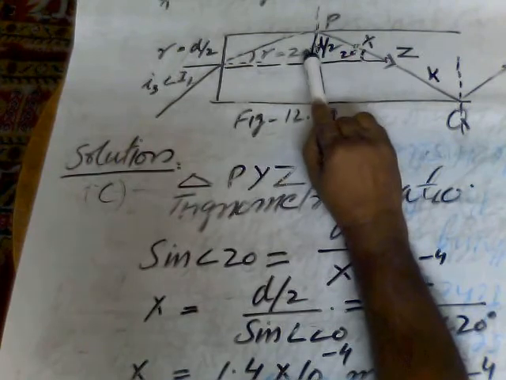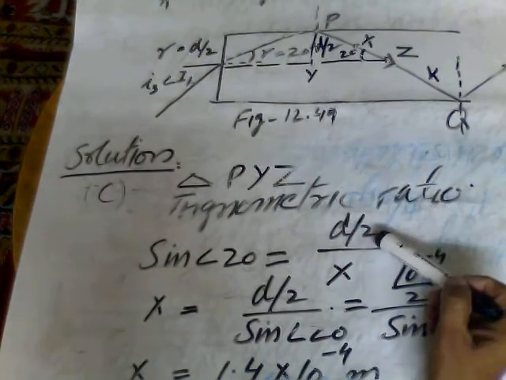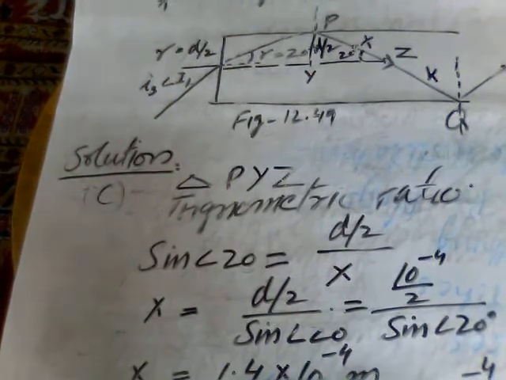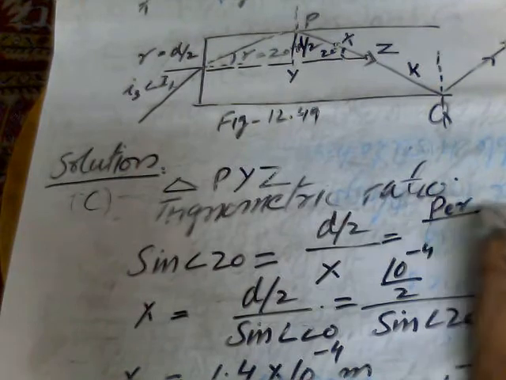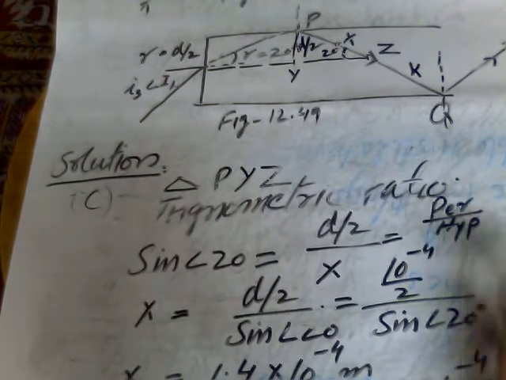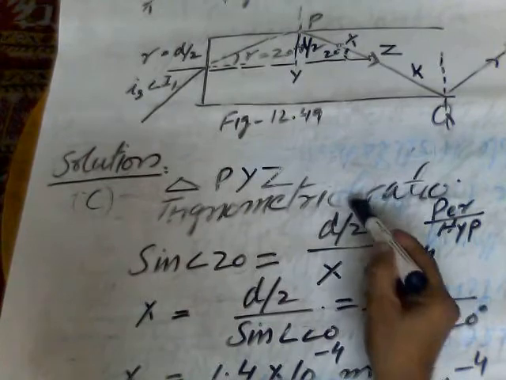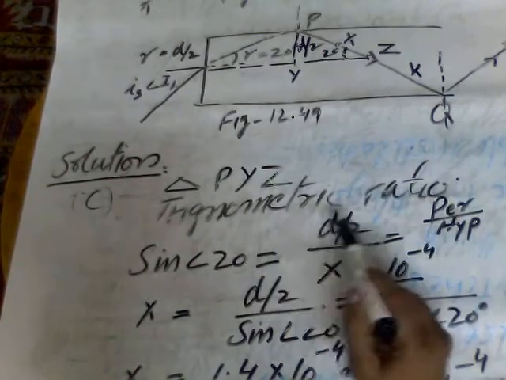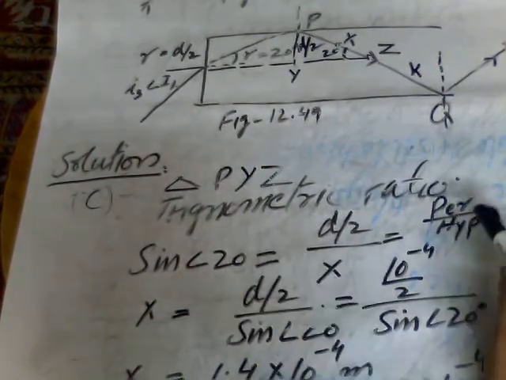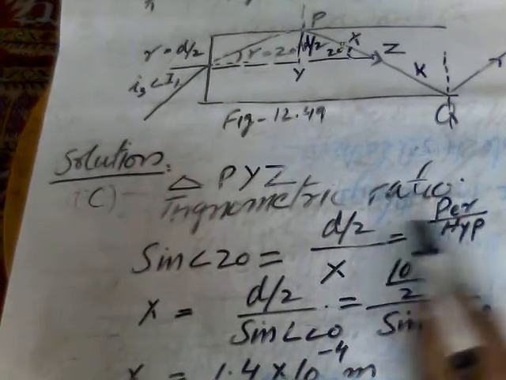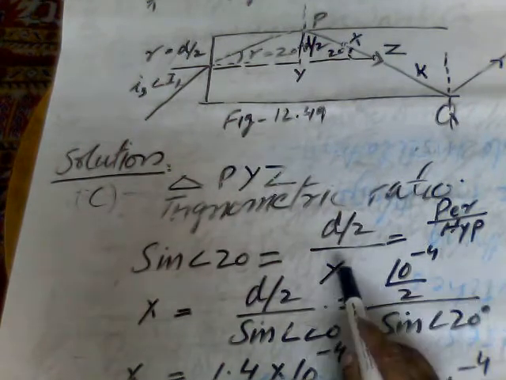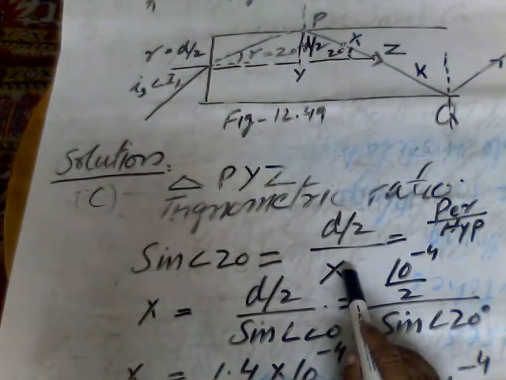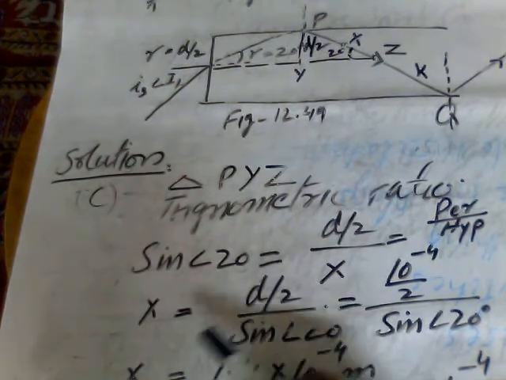Perpendicular is d by 2 and the hypotenuse is x, which we have supposed. If we want to find x, we will rearrange this equation.